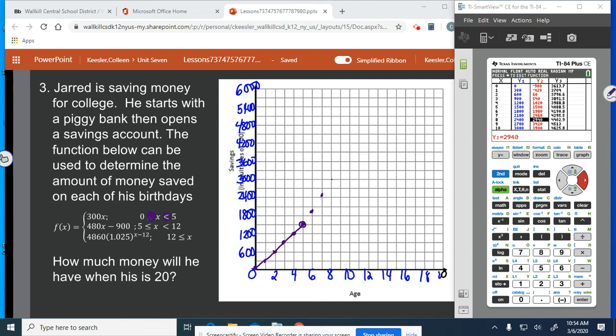And it should look like it's jumping up about the same amount each time because it is a linear function. 9 is 3,420. 10 is 3,900.